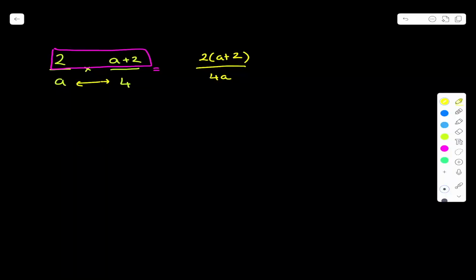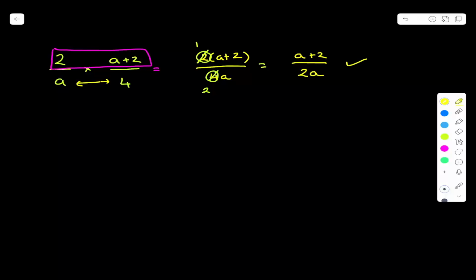So we could actually simplify this because we've got a 2 here and a 4 here. So 2 goes into both of them, into that once and into that twice. So my numerator is just a plus 2 and my denominator is 2a. And that's as far as we could go.